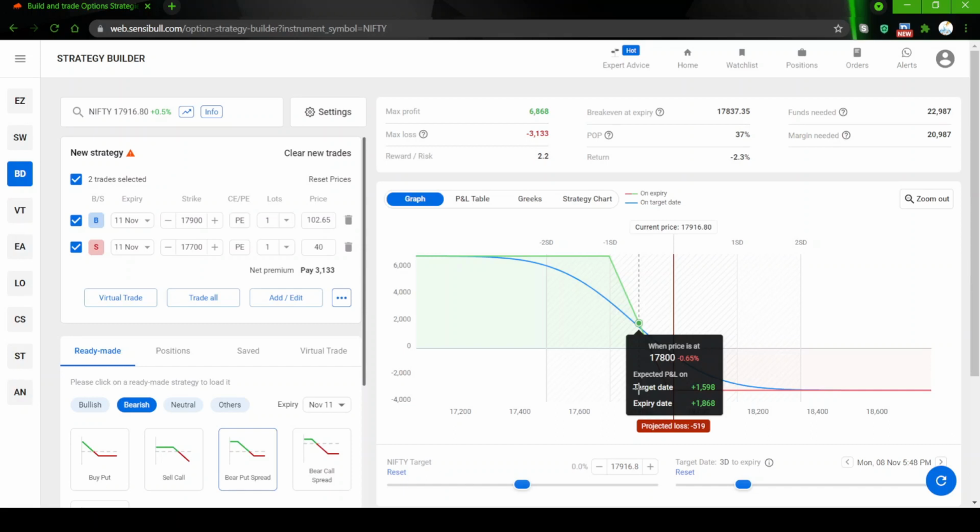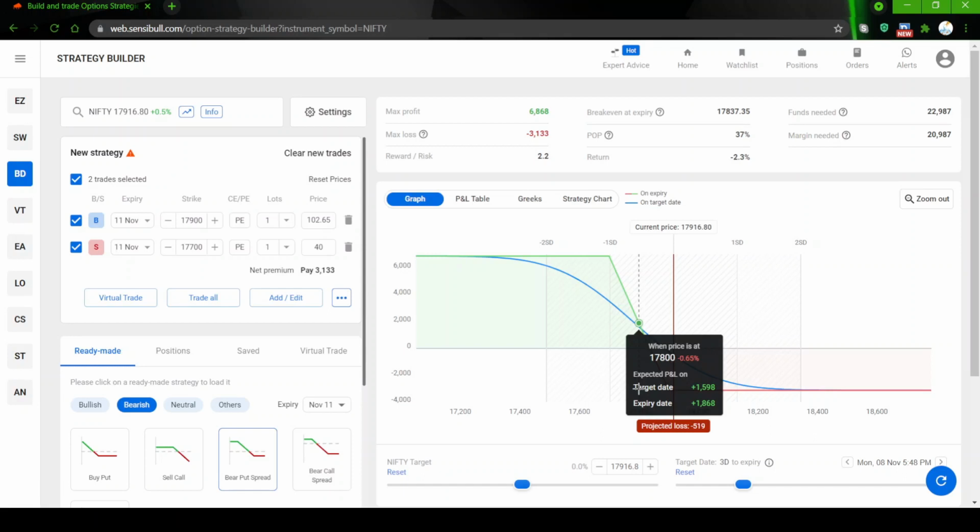If you want to know what is intrinsic value and extrinsic value in options, I have a separate video for the option basics. Many people don't know what is intrinsic value, what is extrinsic value, can we do in the money call buy, in the money call sell, in the money put, out of the money put sell.